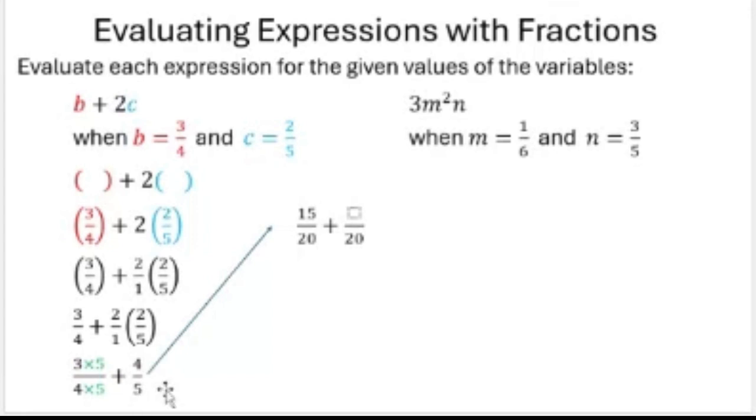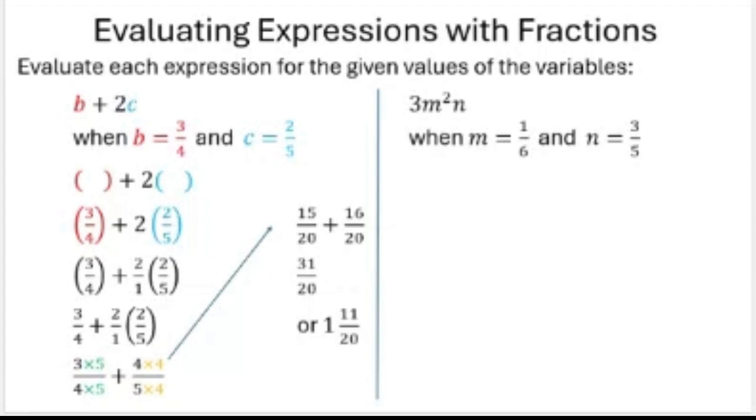I multiplied 5 times 4 to get 20 there, so I do the same to the top. I multiply by 4 to get 16. And now that I have a common denominator, I can add the fractions: 31 over 20, or if they want a mixed number, 1 and 11/20.